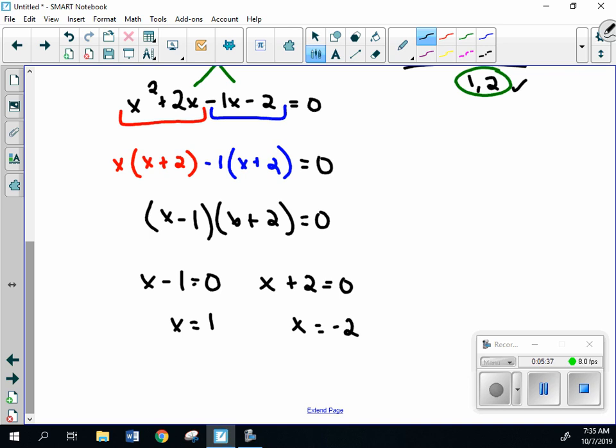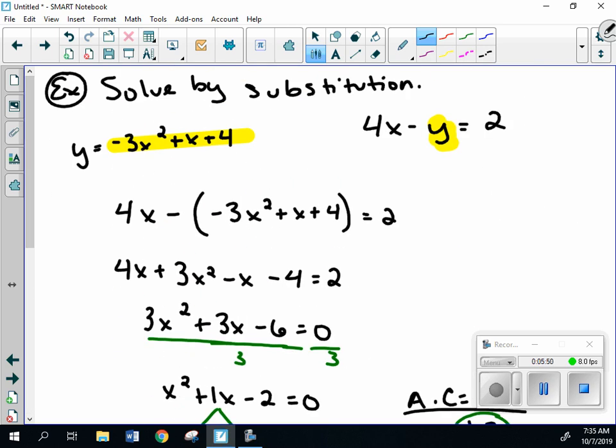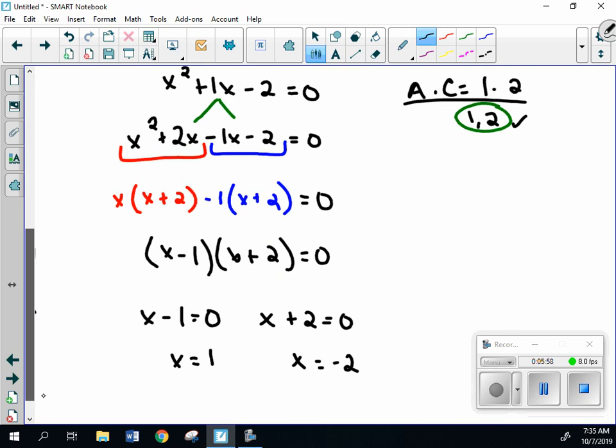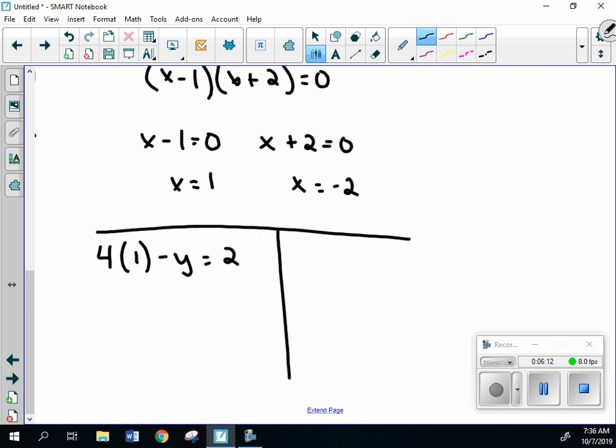Now normally we'd be done, but we are trying to solve the system. So I have to take that x equals 1 and x equals negative 2 and plug those back into these original equations. With that being said, I'm going to plug them into the linear one, that 4x minus y equals 2, so this way I can find my y.